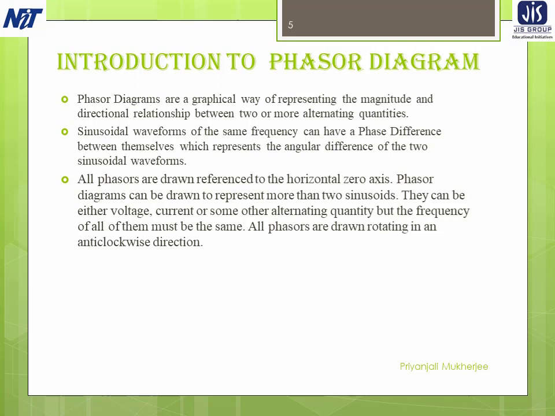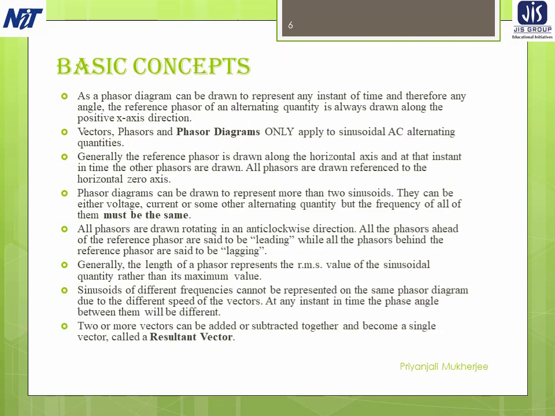And phasor diagrams can be drawn to represent more than two sinusoids. They can be either voltage or current or some other alternating quantity, but the frequency of all of them must be the same. And always the phasors are drawn in an anti-clockwise direction. So these are some basic concepts.